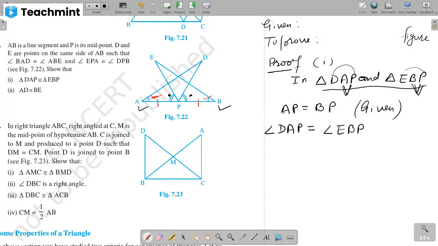Instead of writing DAP, you can also write DAB. That is also correct. But we have considered this triangle only up to P, so we will write DAP up to P here. So DAP and EBP are equal because this is also given in the question.